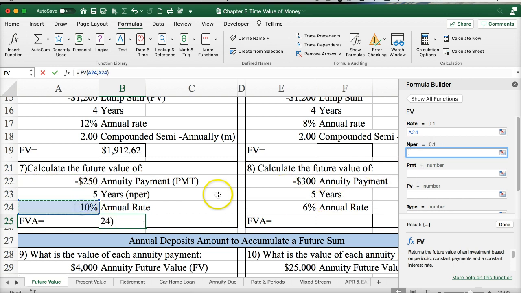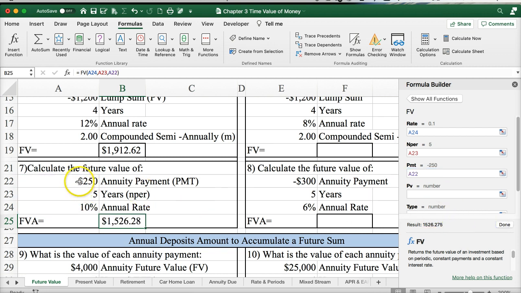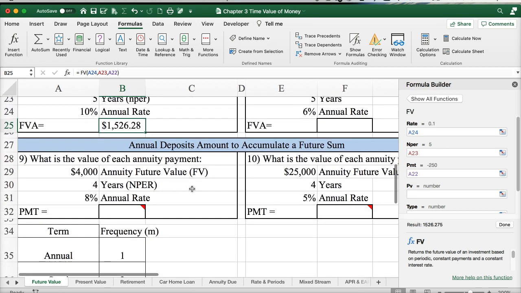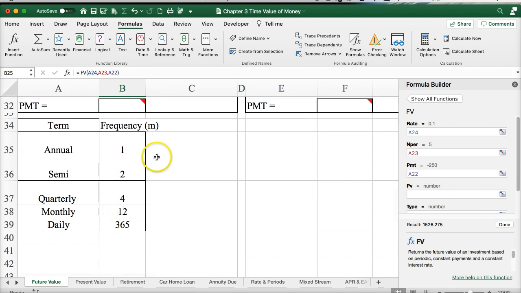So we'll go to payments, and we'll see here that this 250, given that we're putting $250 in every year for 5 years at a 10% rate, grows to $1,526 because that would be the annuity payment. So the big change when calculating the future value of an annuity is that we use the payment field instead of the present value field. And again, the frequency: annual is 1, semi is 2, quarterly, monthly, daily.